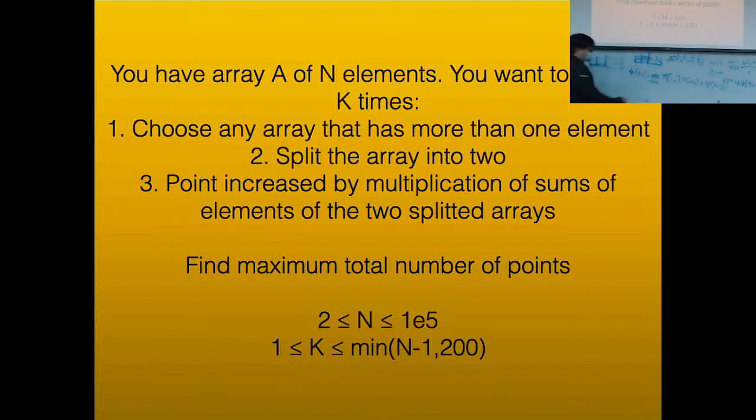So basically this becomes prefix sum of j minus prefix sum of i minus 1, multiplied by prefix sum of n minus prefix sum of j, and then basically becomes prefix sum n, prefix sum j minus prefix sum n, prefix sum i minus 1.